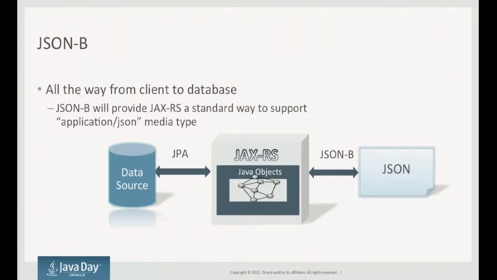And notice that JAX-RS is an extremely important technology in the middle here. Notice that this also gives JAX-RS a standard way of supporting the application JSON media type in a way that's very convenient for developers.